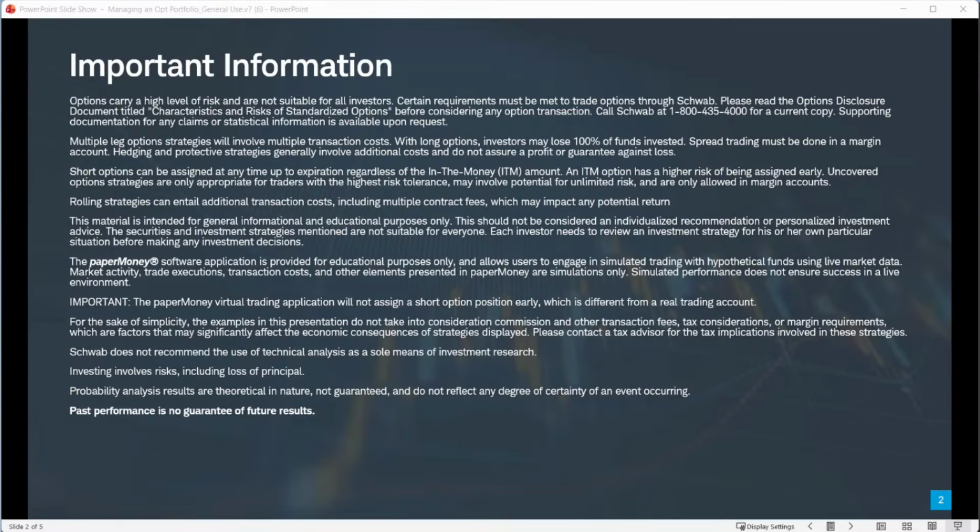The material today is intended for general informational purposes only, and Schwab does not recommend the use of technical analysis as the sole means of investment research. All investing involves risks, including loss of principal. Past performance is no guarantee of future results.